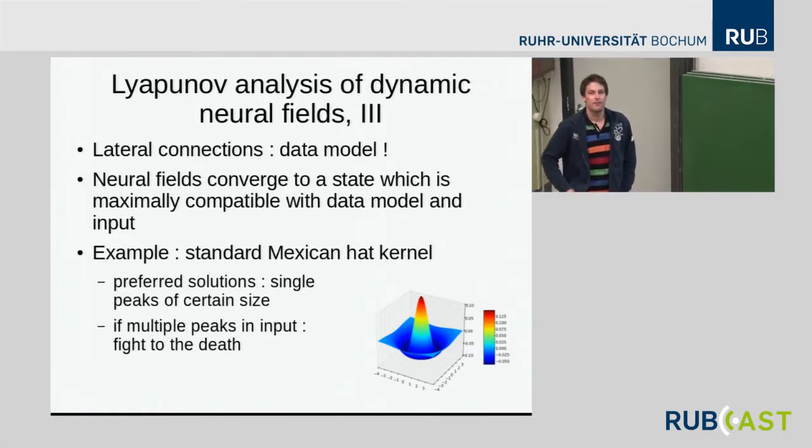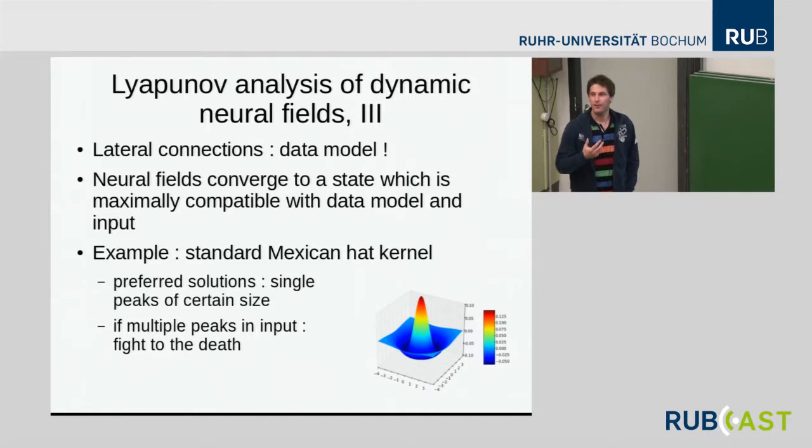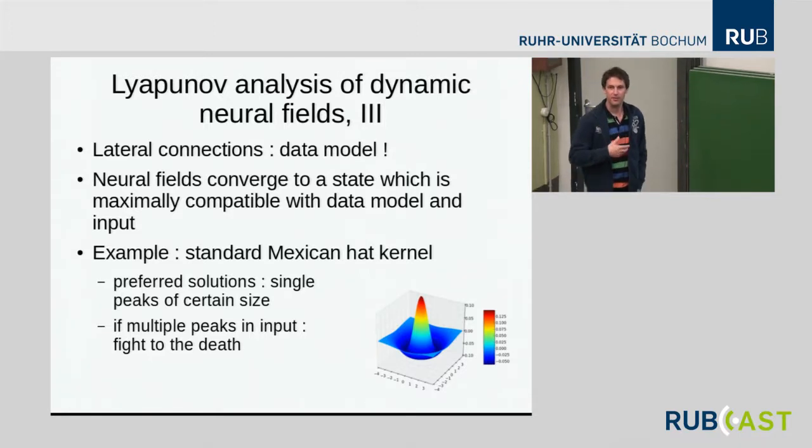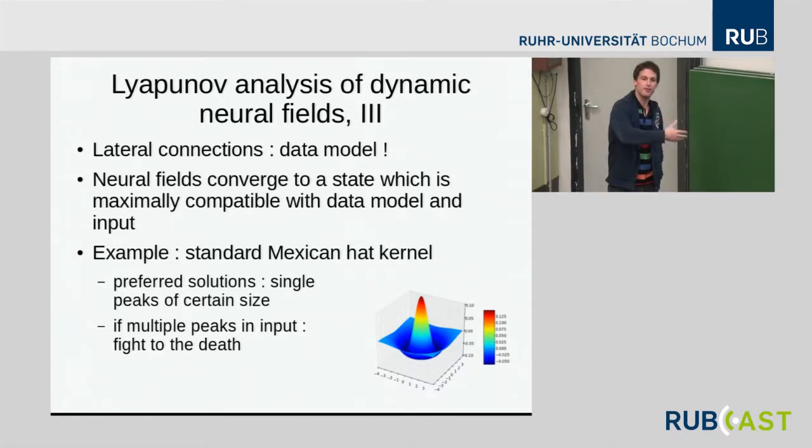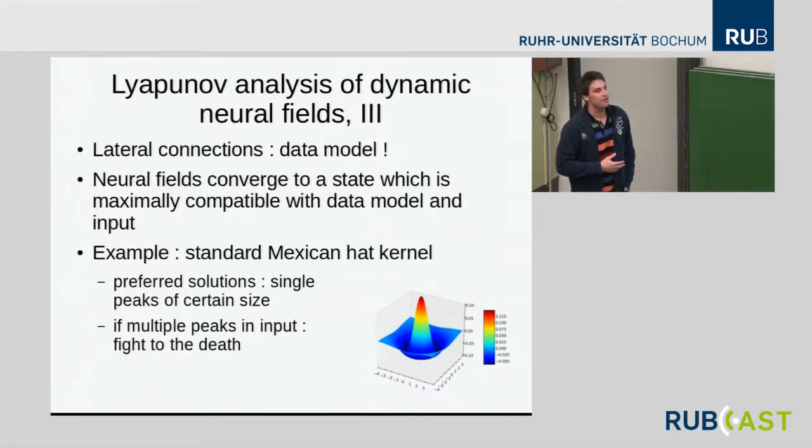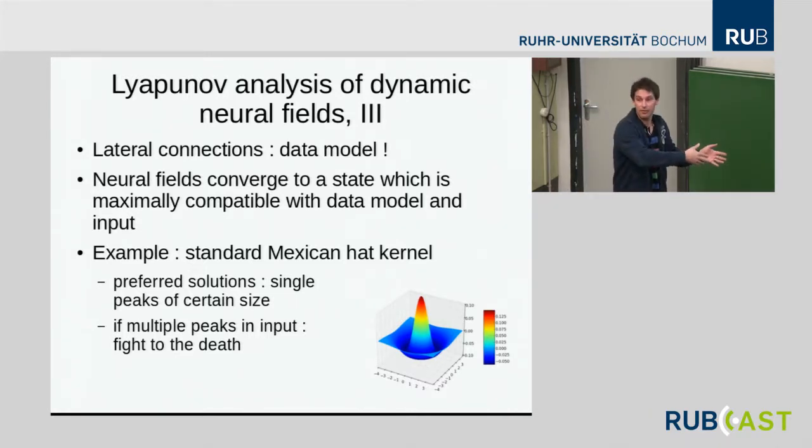And when you think about it a bit outside the way it's normally done in the neural field domain, this is actually a data model, because it determines where the neural field converges to. So the lateral interaction tells you where the equilibrium state of the field will actually be.